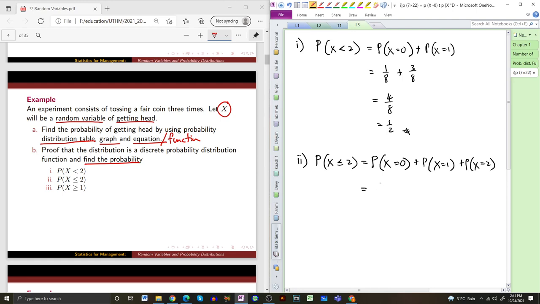P(x) equal to 0, that would be 1 over 8. P(x) equal to 1, that would be 3 over 8. P(x) equal to 2, that would be 3 over 8. All this probability I am taking from the table. Summation is 7 over 8.